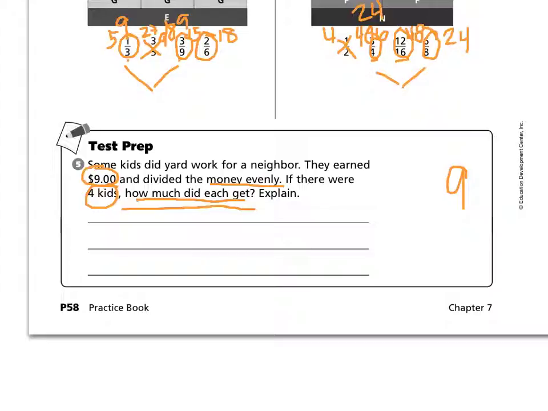So I have $9 and I'm going to divide it by 4 kids. I know 4 goes into 9 2 times. And that equals 8. Subtract, I have 1 left over. Now looking at that, I have 2, which is my whole number. So each kid would get $2, and then I have 1/4. 1/4 is because the remainder 1 is my numerator and 4 is my denominator.